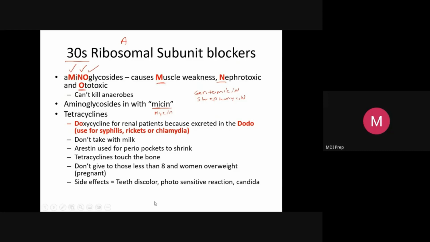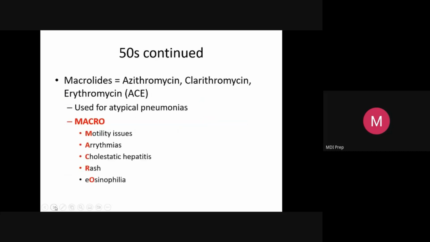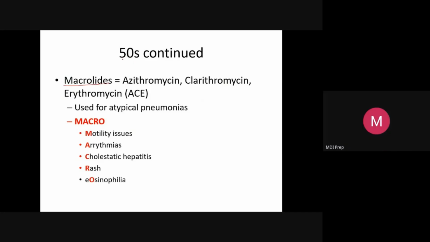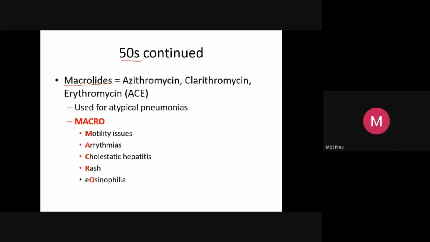Okay. So let me show you that. You see right here where it says macrolides? Macrolides work at the 50S ribosomal subunit. Now, those 3 have the mnemonic ACE: azithromycin, clarithromycin, and erythromycin.